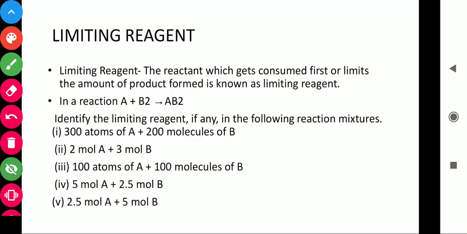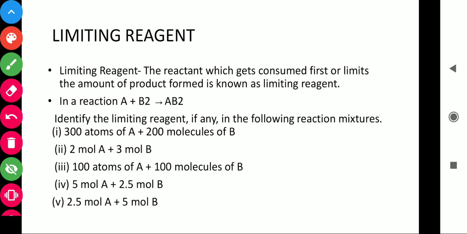What is limiting reagent? Students, if we have lots of milk, lots of tea leaves, but we have a small amount of sugar, so the sugar is the limiting reagent, and we cannot make lots of sweet tea with the help of this ingredient. If even one ingredient is less, then whatever we are making is limited by that ingredient, even if the other things are in larger amounts.